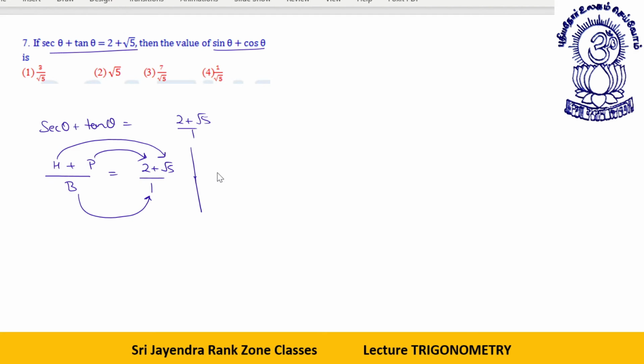Now we need to find sine theta plus cos theta. Sine theta plus cos theta is perpendicular by hypotenuse plus base by hypotenuse, or P plus B by H. That is P is 2, B is 1, H is root 5. Clear?